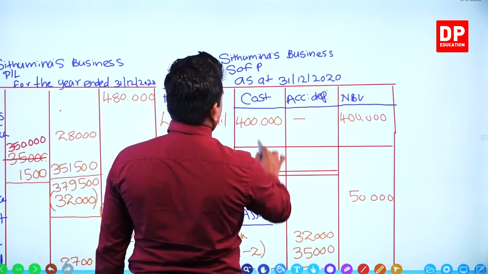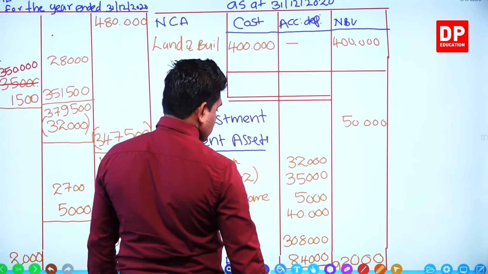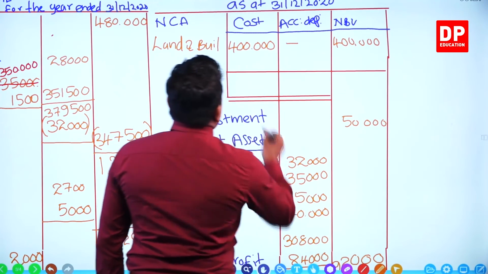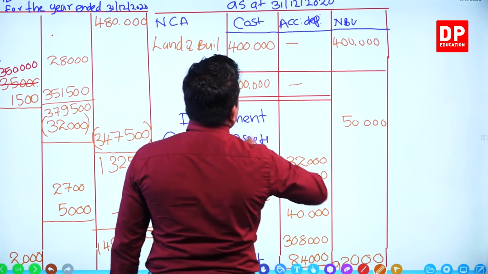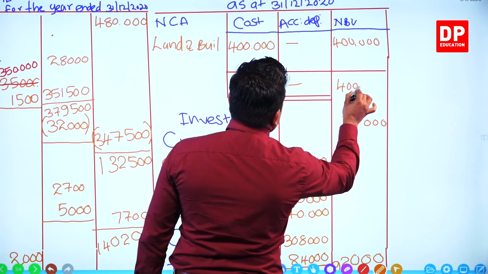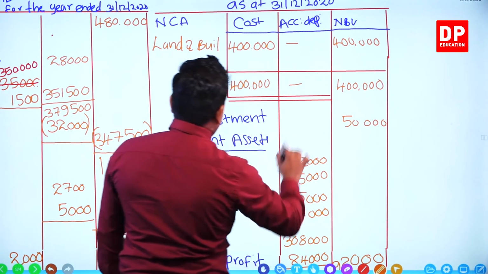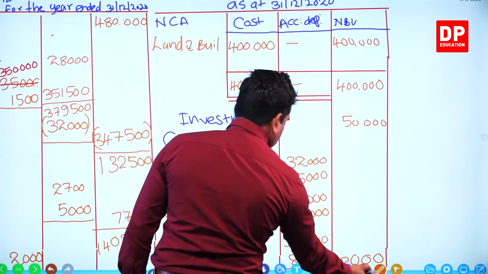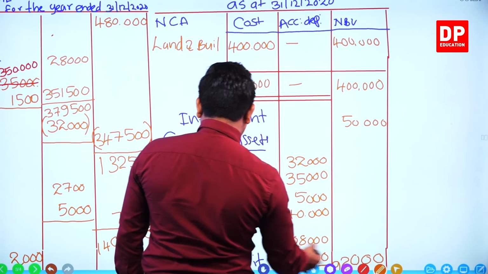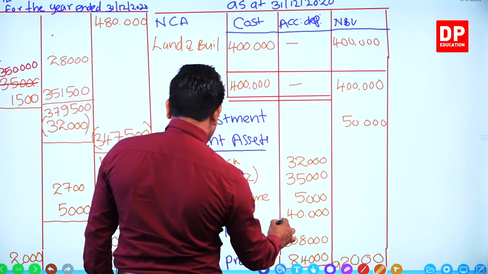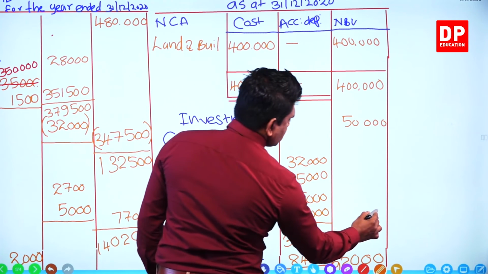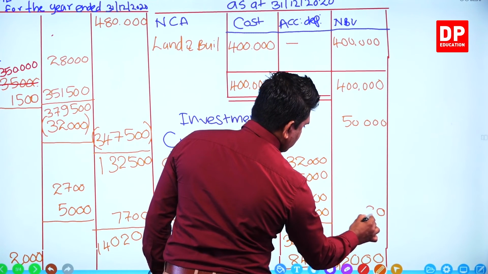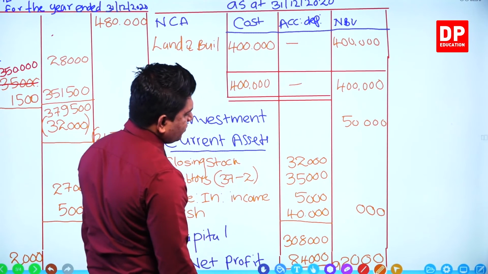Then you solve the details. Here only one non-current asset. Total, the same way, 400,000. Then 50,000 is investment. Then you go to the current assets. See the total.